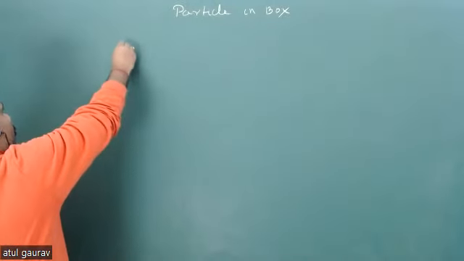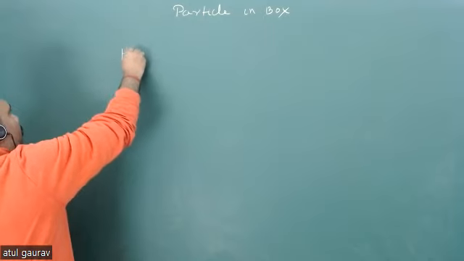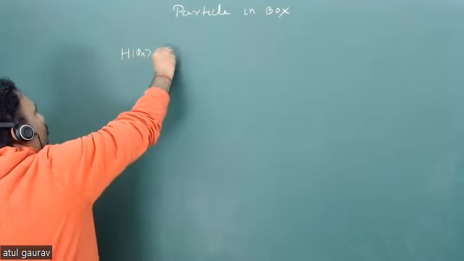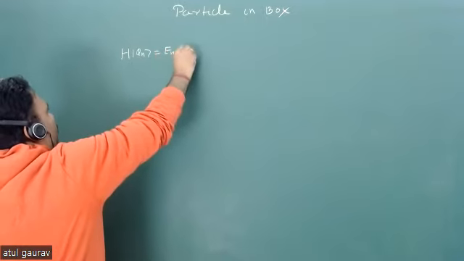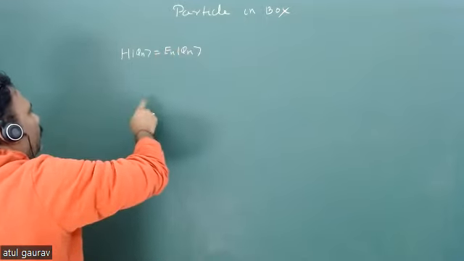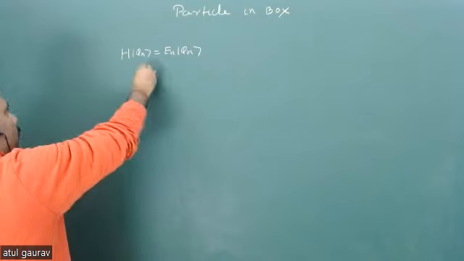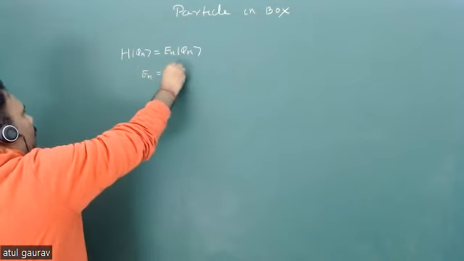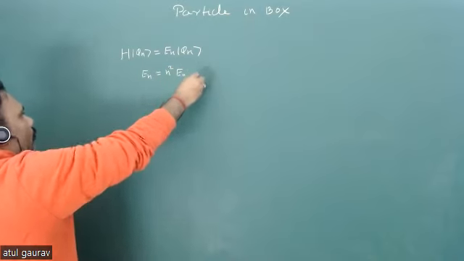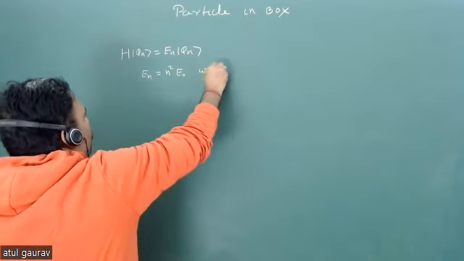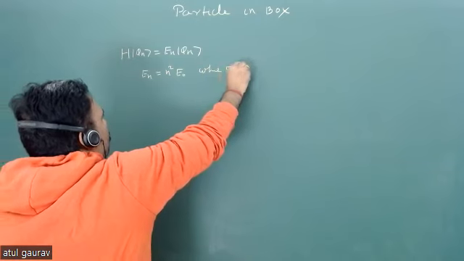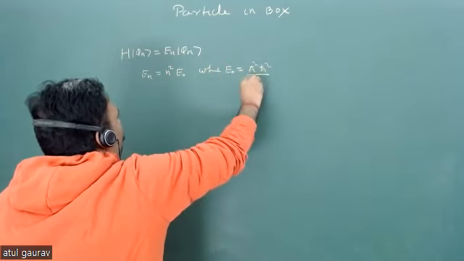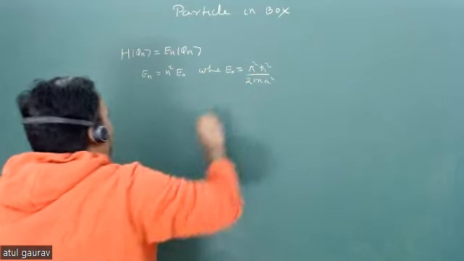We have learned that H phi n is equal to En phi n, and En is equal to n square E naught, where E naught is pi square h cut square upon 2 m a square.